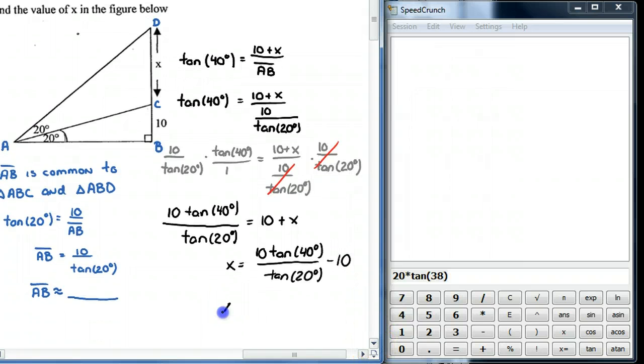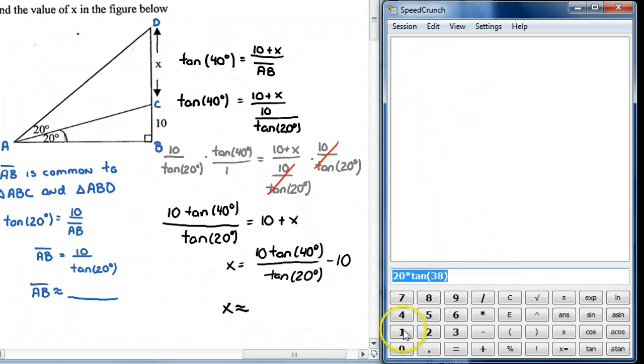And so x is approximately equal to, and I come over to my calculator here, and I type this in. I want to make sure I can type this in one step. It's really important to develop good calculator technique. So 10 times tan of 40, close my brackets, divided by tan of 20, close my bracket.